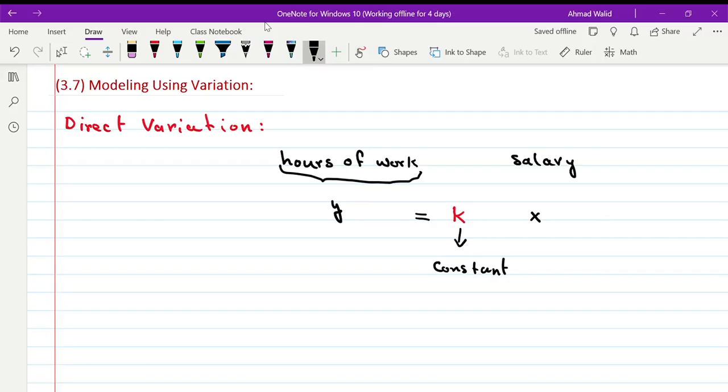We use this formula in our daily life a lot, even without knowing that we are using a direct variation. Maybe in the past in school, your teachers taught you this subject as proportional, correct? One quantity is directly proportional to another quantity.